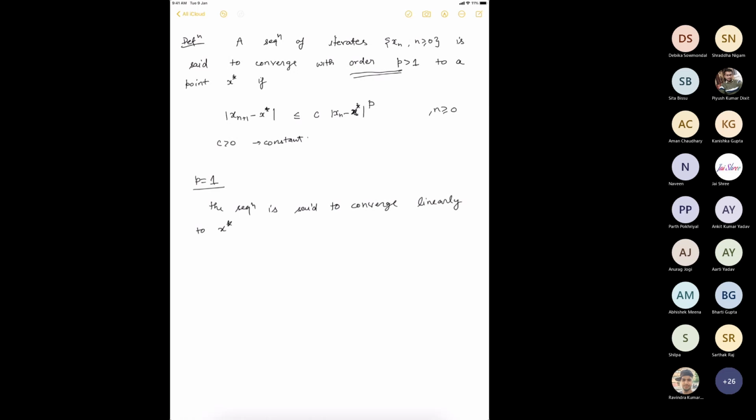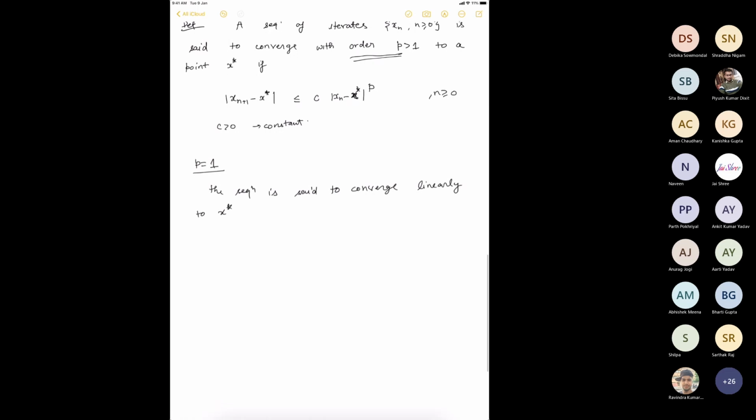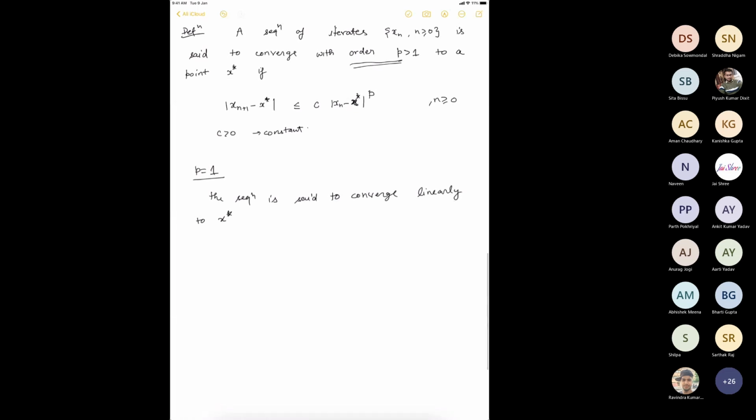So we are talking about linear convergence here. That is the case when p is equal to 1. But what we require in the case of p equal to 1 is that c has to be strictly less than 1. So if p is equal to 1 and c is strictly less than 1, then the sequence is said to converge linearly to x star.